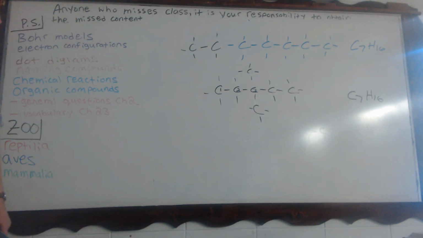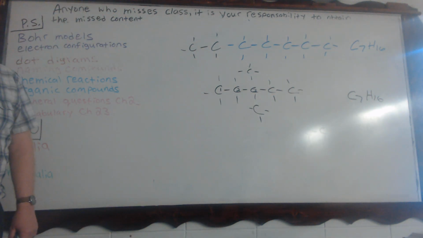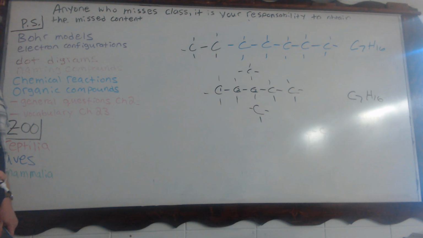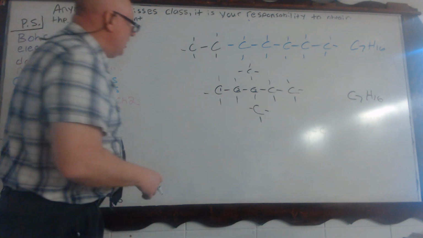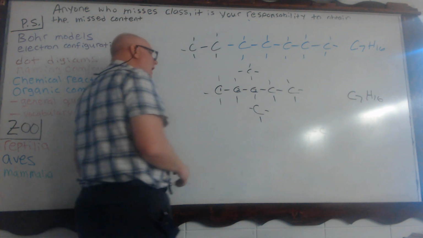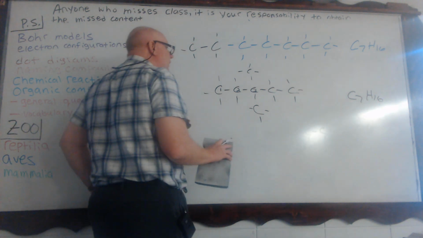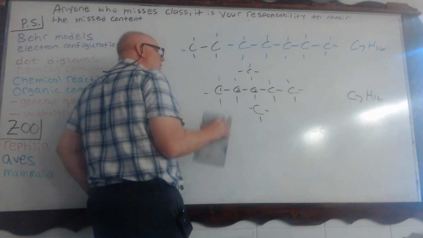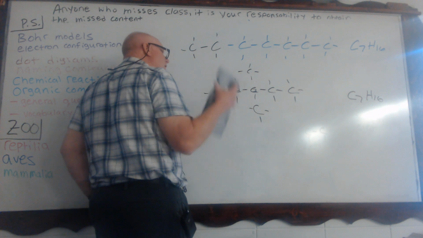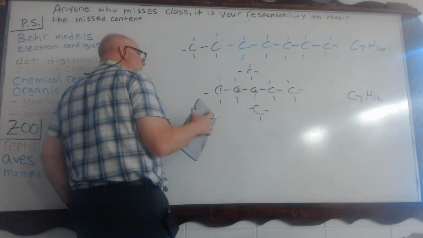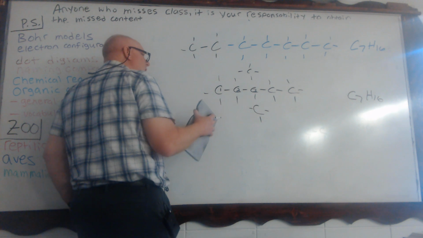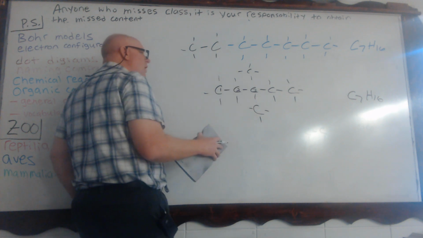So you have what now? 3,3-dimethylpentane. Okay, and then that would be close to being it. There's one more you could do with 2 methyl groups. Since these are on the 3rd carbon, where else could you move them?